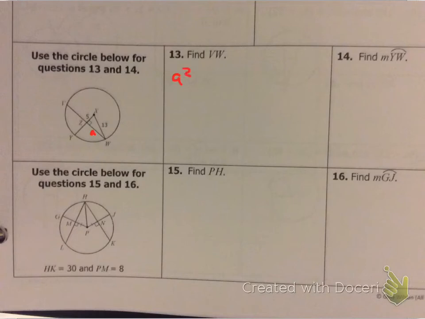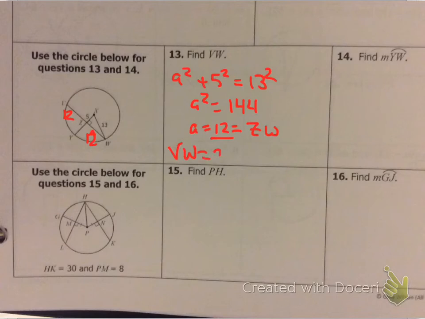So a squared plus 5 squared is equal to 13 squared. And again, subtracting these, a squared is equal to 144. Take the square root, and you got 12. So ZW is equal to 12. That means if this is 12, so is this. That's 12. So that means VW is 24.